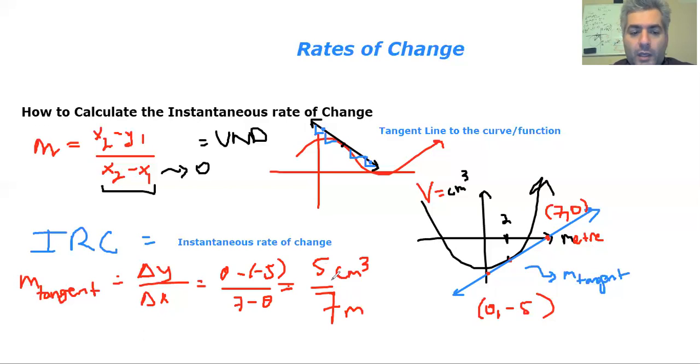And in a later video, I'll go over the 3 different methods to calculate the instantaneous rate of change: two approximation methods, and one of them would be the difference quotient, which would give you the exact value for the instantaneous rate of change.